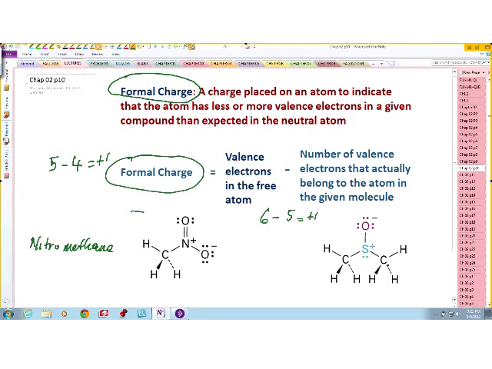If we use this formula here, the valence electron count for oxygen is 6 in its natural state. And how many electrons actually belong to it? 7. That becomes minus 1. So we place a negative charge on oxygen. So that is how you arrive at the formal charge.